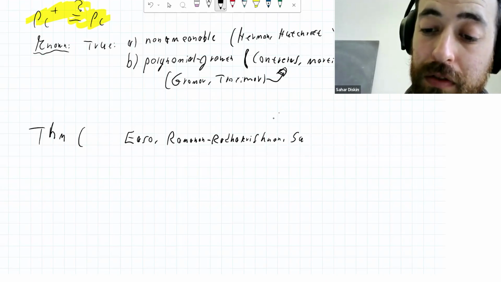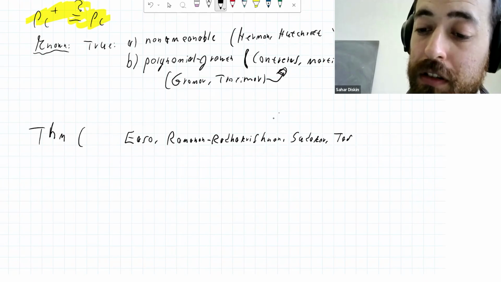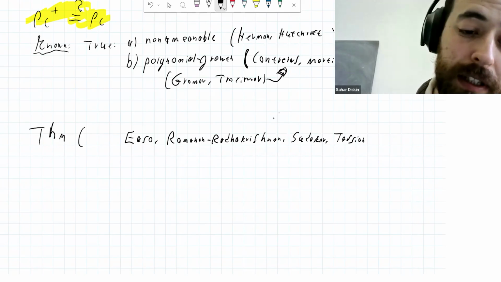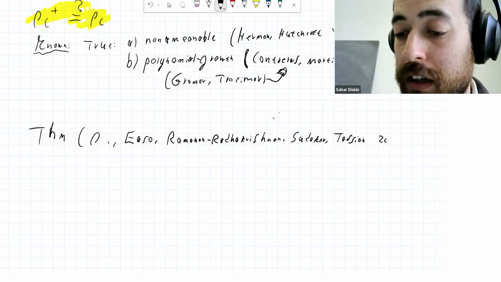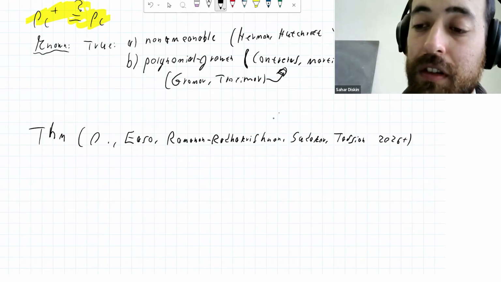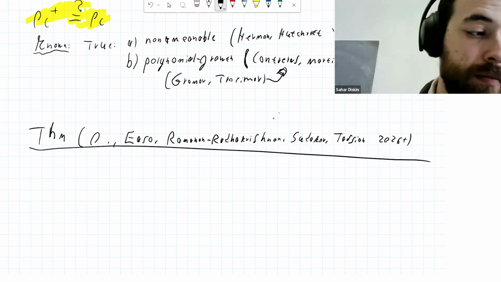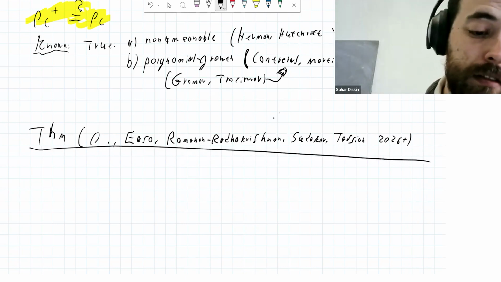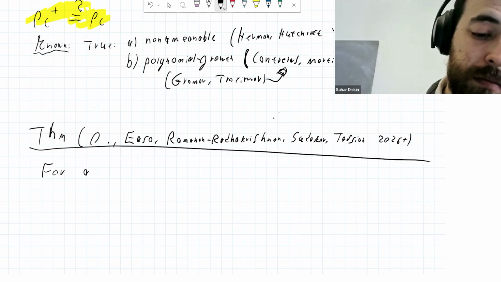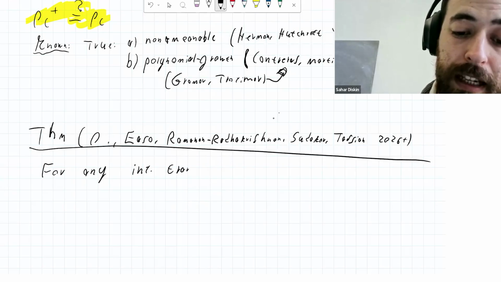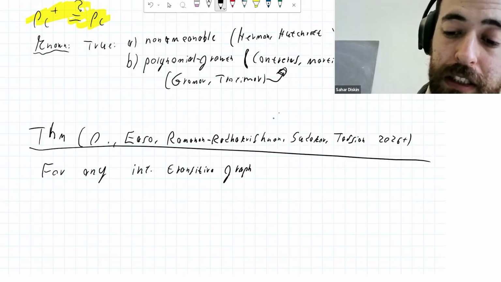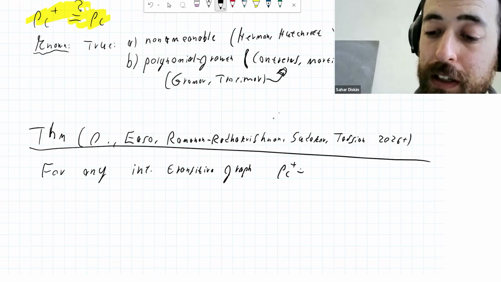And it's already on arXiv. And what it says is that for any infinite transitive graph, supercritical sharpness holds.